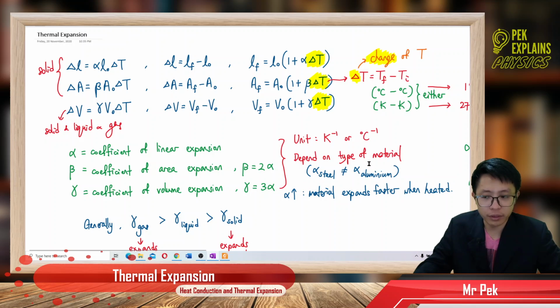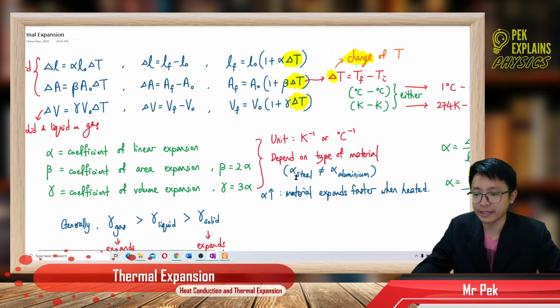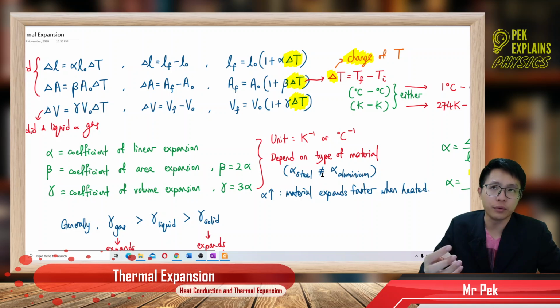So different material, different alpha. For example, I have steel and aluminium. They have different alpha. They have different ability to expand. For example, aluminium will expand faster when heated compared to steel.